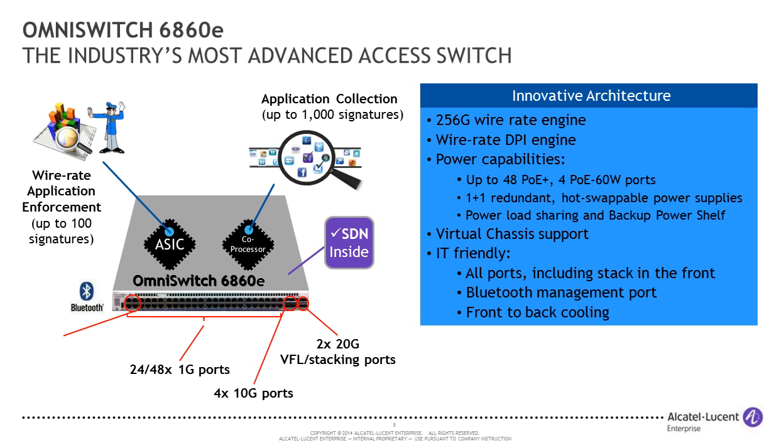You can see how it changes over time, and the idea operationally is that you would use a 6860E to get a very detailed understanding of all of the applications running on your network, and then drill down to the top 100 applications that you're most concerned about, and then use the DPI capabilities in the dedicated ASIC to do traffic enforcement, traffic shaping, traffic prioritization of those particular 100 applications that you're concerned about.